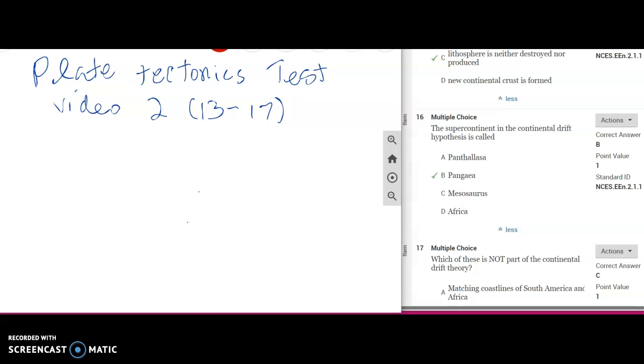Okay, so number 16 says, the supercontinent on the continental drift hypothesis is called what? Now, I asked you guys this one in class. Pan means all. And thalassa is oceans.